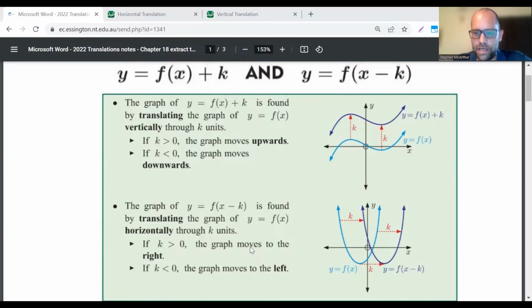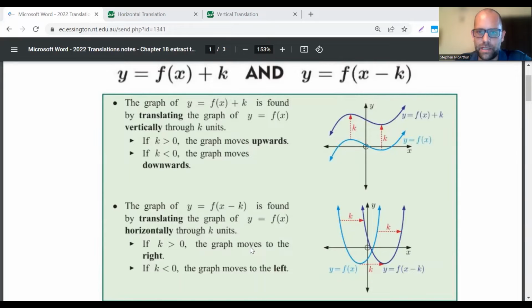We definitely minus k. The other way I think about this is if k is greater than 0 or positive, the graph moves to the right. So that's what's happened here. Even though it says x minus k, the second graph is to the right. If k was less than 0 or a negative value, the graph moves to the left.